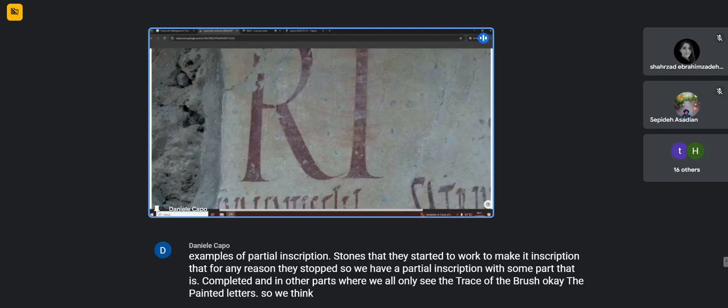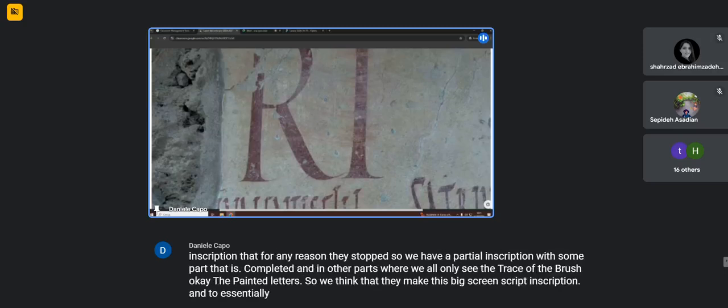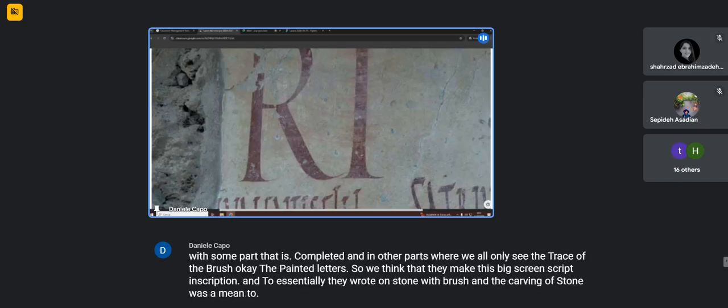So we think that they made this big inscription to essentially write on stone with a brush, and the carving of the stone was a means to preserve this writing, to make the work of the brush permanent.